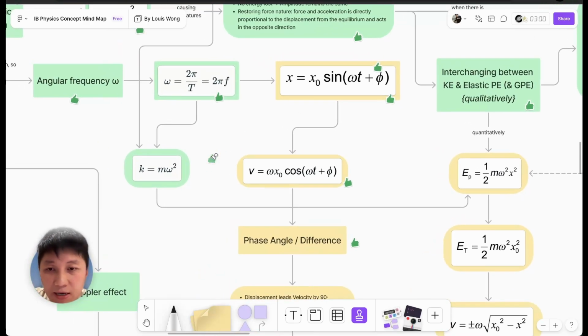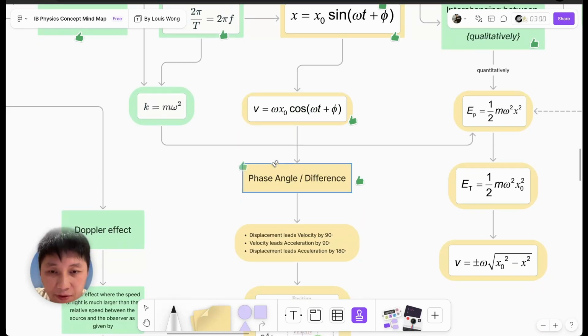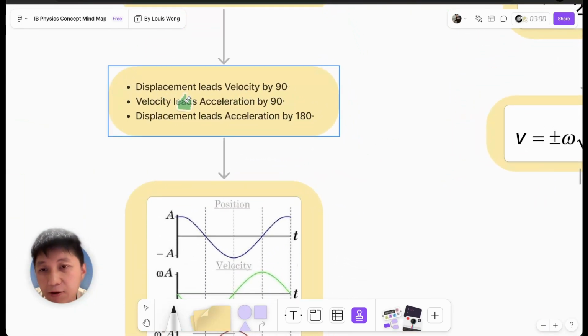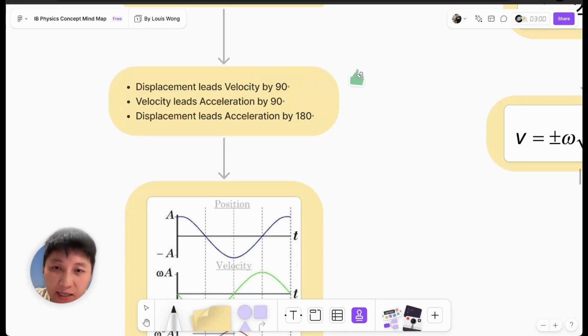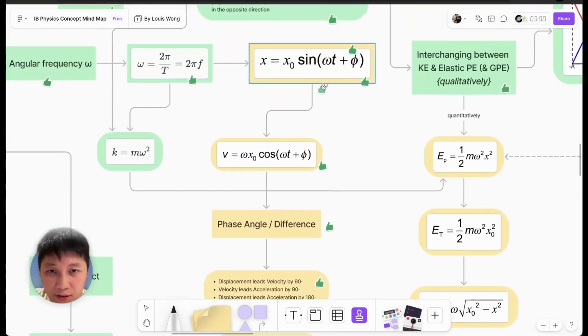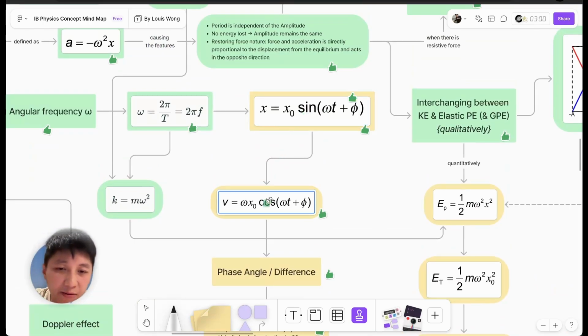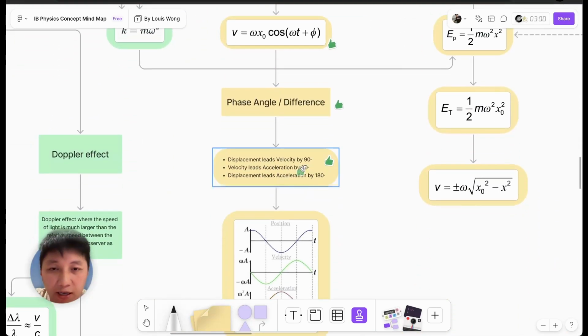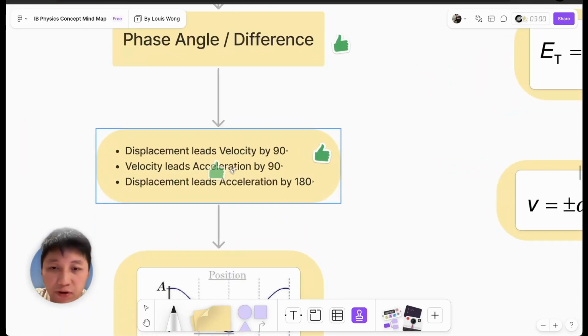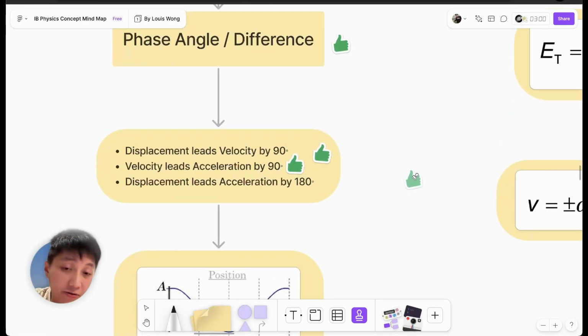And interestingly, with this phase difference, we can observe how displacement will be leading the velocity by 90 degrees. As you could see, it was sine and then becomes cosine, and if you differentiate again it becomes negative sine, and therefore velocity would lead acceleration also by 90 degrees.